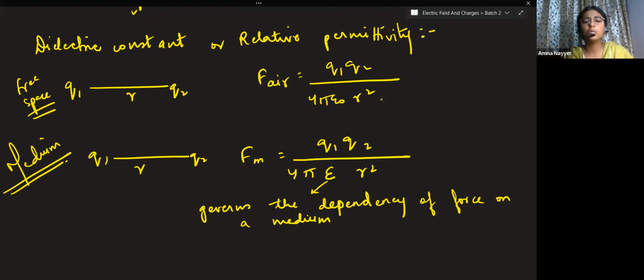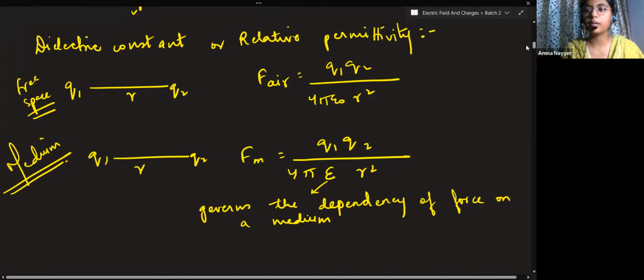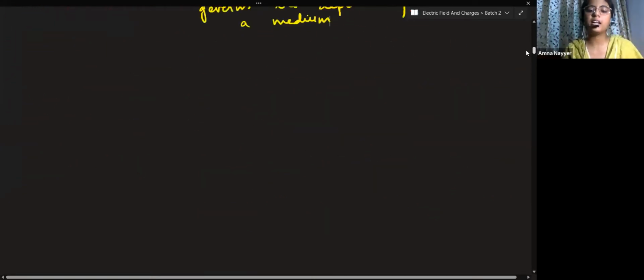More or less, what we do is convert any medium into air, because we remember the value for air, so we can calculate it. There is one relation. Epsilon, the permittivity of any medium present, divided by epsilon naught, the permittivity of free space.